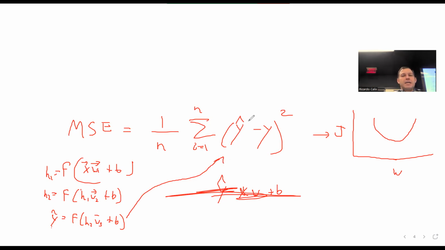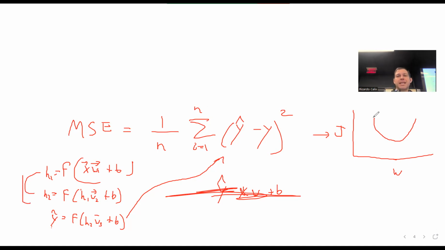So the J is this, but this goes in there. When you take the derivative, you take the derivative of the whole thing. You guys see that? Any questions about this idea? This is what makes it non-convex, because it has multiple solutions. It is the fact that you have the neural networks. Please remember this idea. We're going to come back to it.